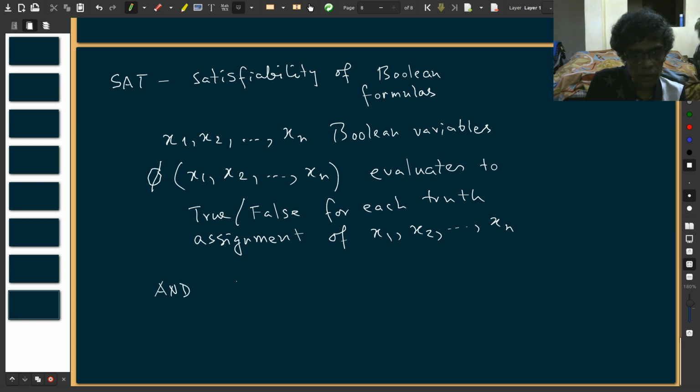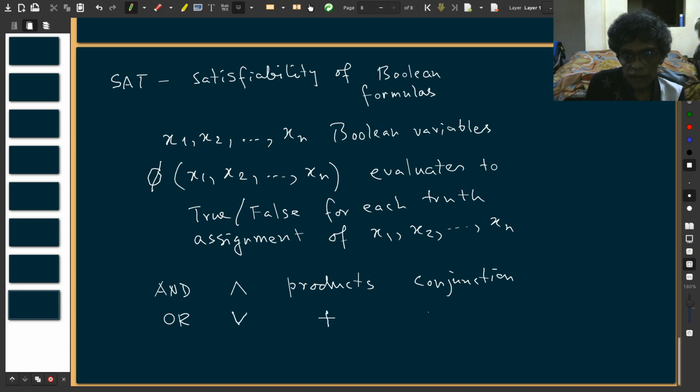Okay. So we often use this symbol, and, or simply we write it as products. This is also called conjunction. And the second primitive is or, which you often write like this or simply as sum. This is called a disjunction.